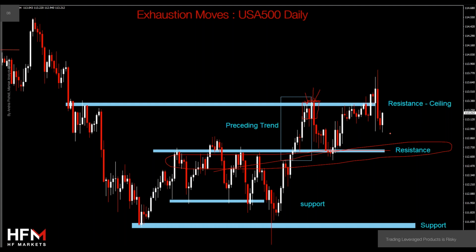Indecision leads to near-term, limited positions against the trend, yes, against the trend.